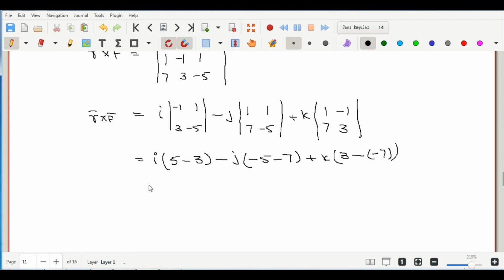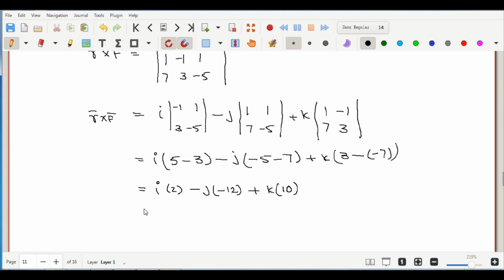Then simplify this, we get i into 5 minus 3 means 2, minus j into minus 5 minus 7, that is minus 12, plus k into 3 minus of minus means plus, gives 3 plus 7, which is 10.